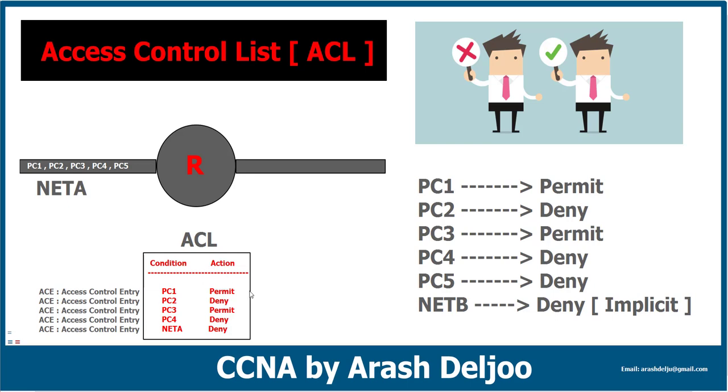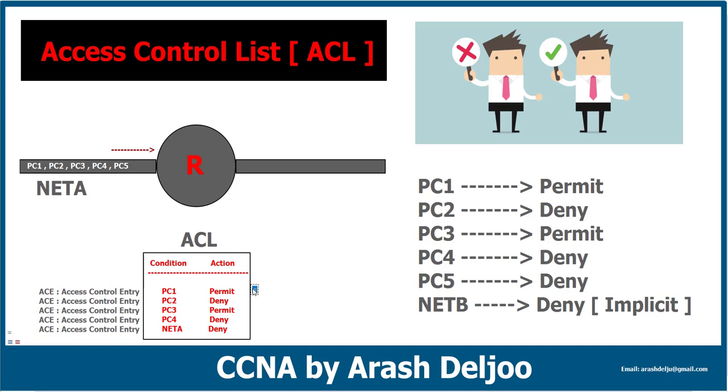Here I am going to talk about what is happening to the traffic received from PC1, PC2, PC3, and PC5 on the interface of the router according to this ACL. First, the traffic of PC1. As you can see, we have a rule in the first line for PC1 traffic.